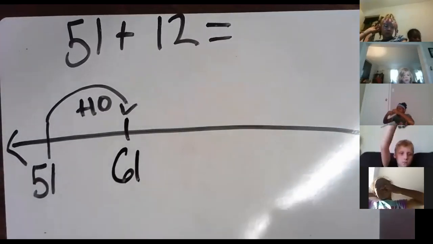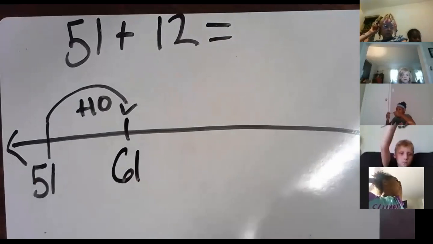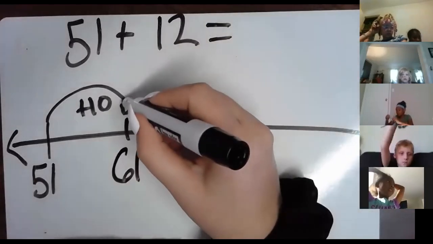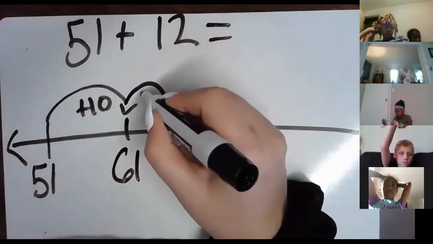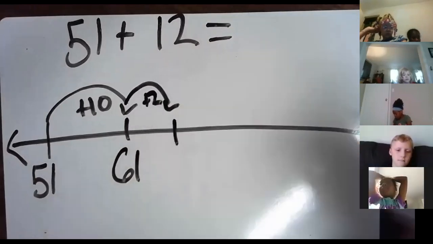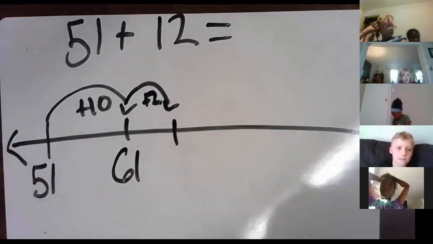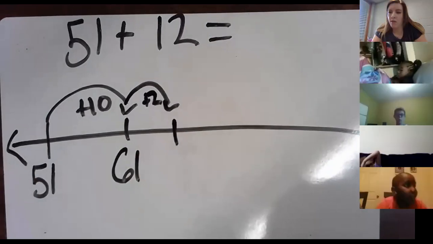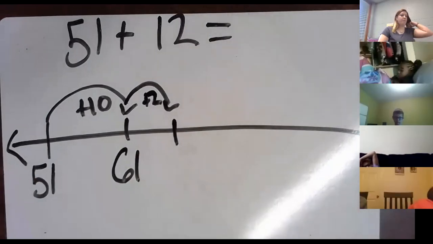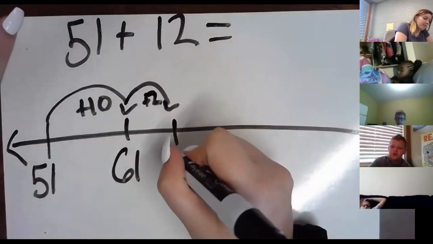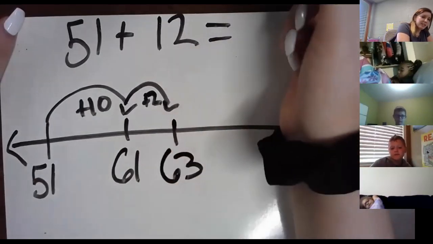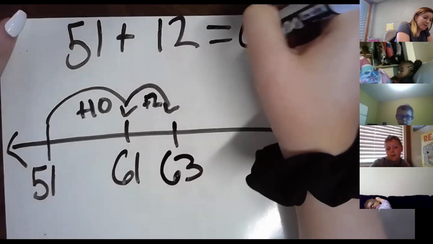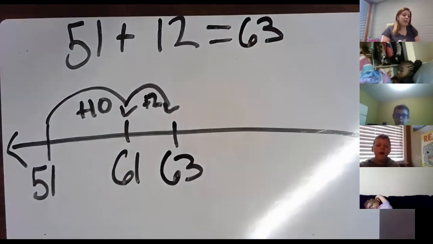And then I just have 2 more to add. So I'm going to jump 2 or add 2. What is 61 plus 2? Paxton? 63. So 51 plus 12 equals 63.